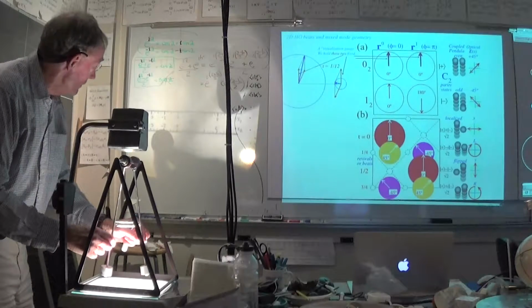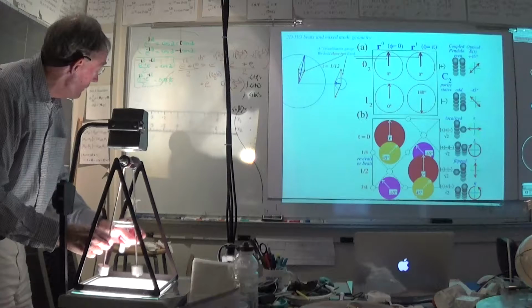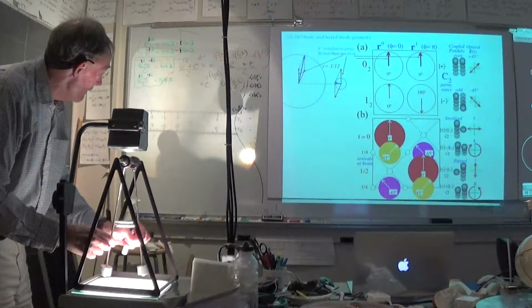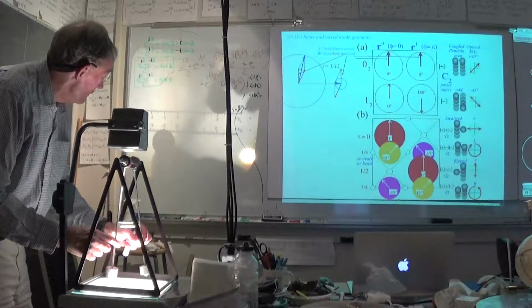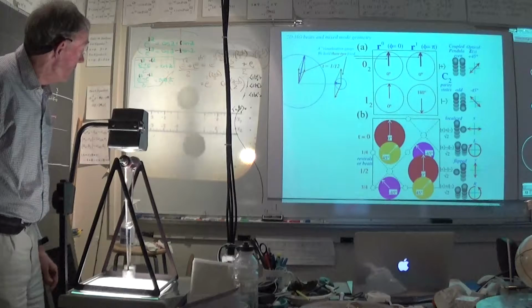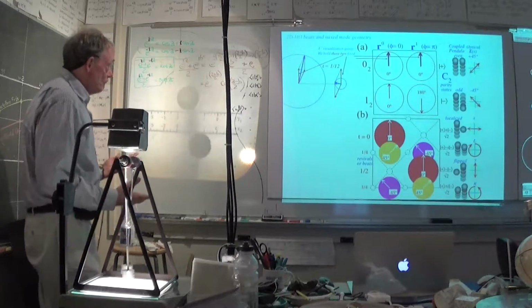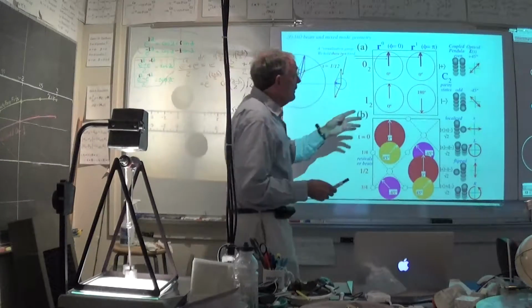I'll set both of them as close as I can to 2. It's a little hard to do because everything's backwards up there. You've got to take that guy and put him on 2 and put this guy on 2. That's pretty good.